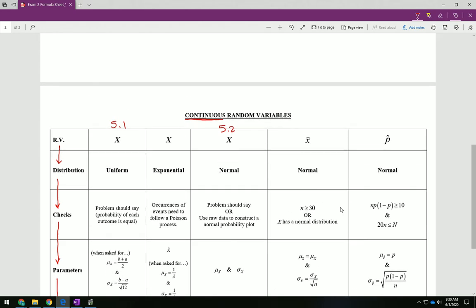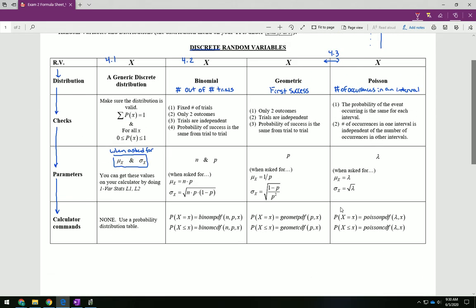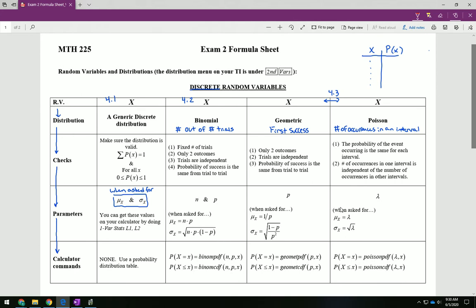Oh boy, I have to go back to the previous side. And I have to see here, with discrete random variables, how is it that I could determine the number of light bulbs out of a total number of light bulbs that meet a particular condition?